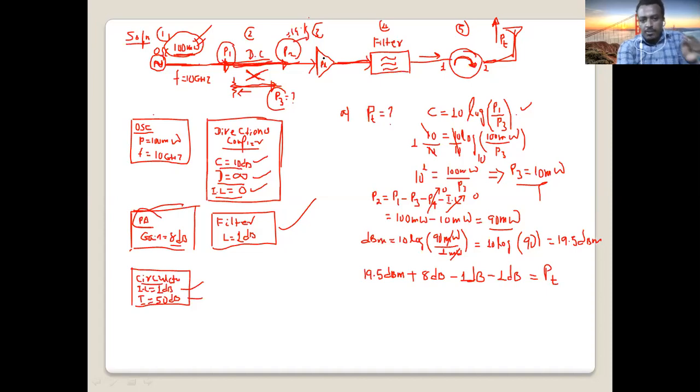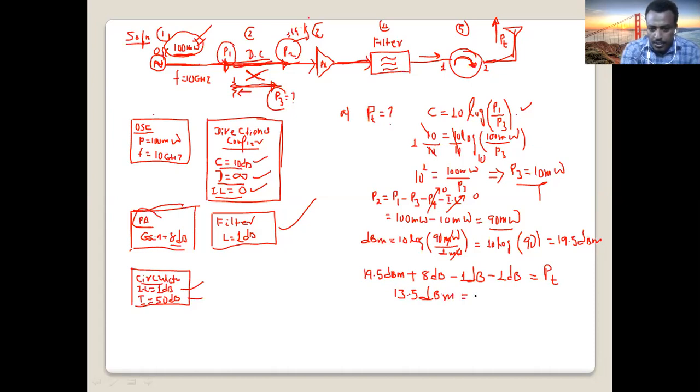This one is amplified by the amplifier. When it goes through the filter, we lose. When it goes through the circulator, we lose. So we get how much power transmitted? This power, 19.5 minus 6, so PT will be 13.5 dBm. You can convert this into milliwatt.